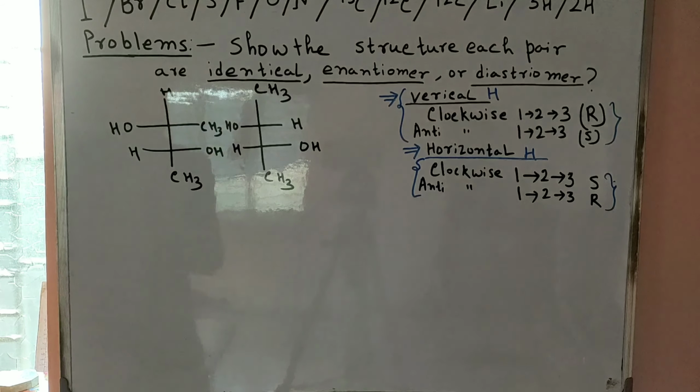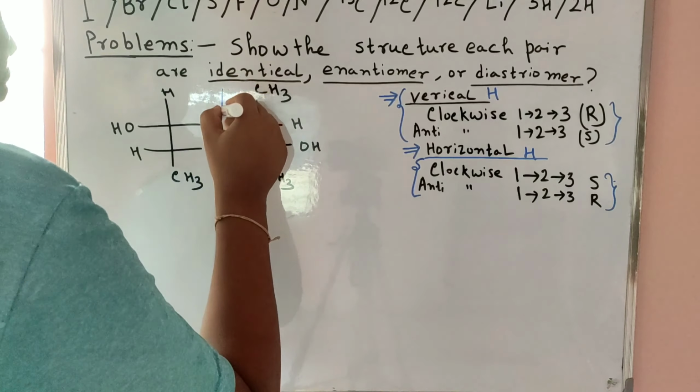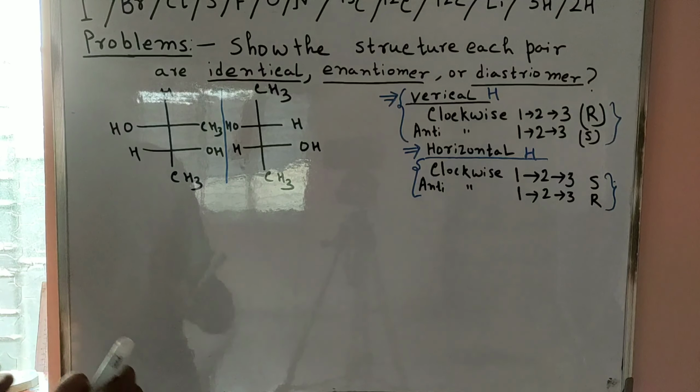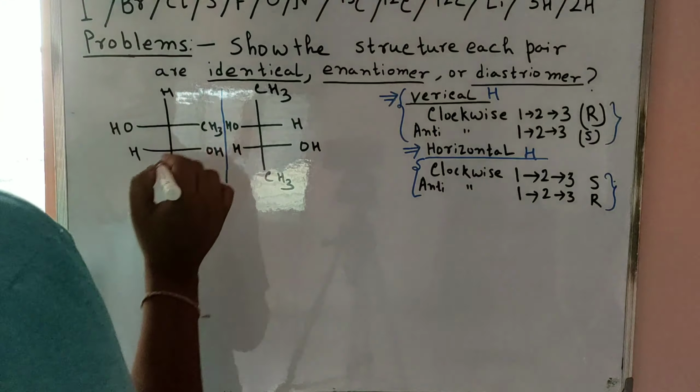In this example, two stereo centers are present. When two stereo centers are present, our first target is to assign R and S. As per our priority rule, this one is OH, 1, and this center is 2, and then CH3 is 3, hydrogen is 4. Considering this center, we rotate 1 to 2 to 3, and an anti-clockwise rotation is possible.